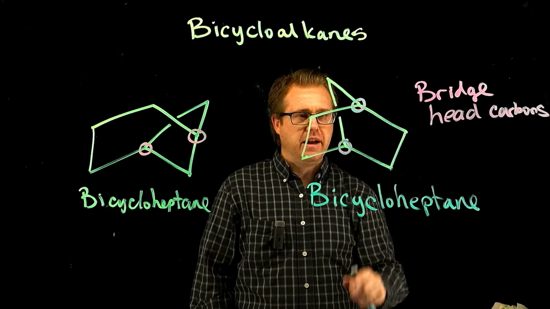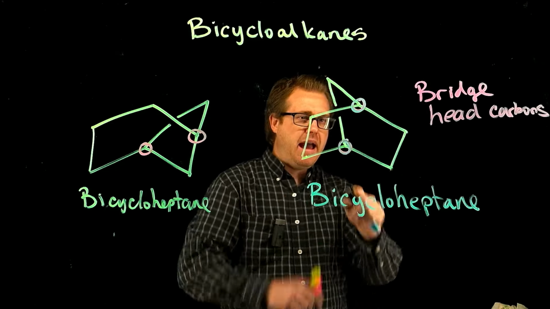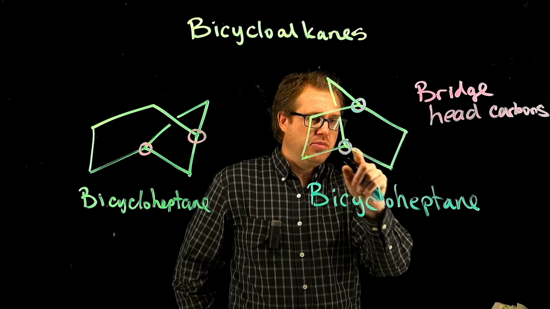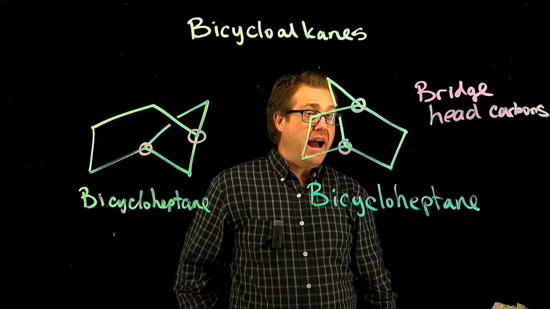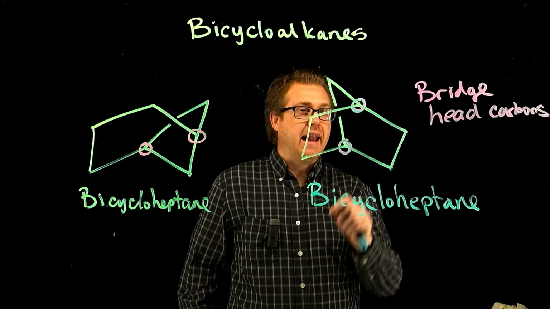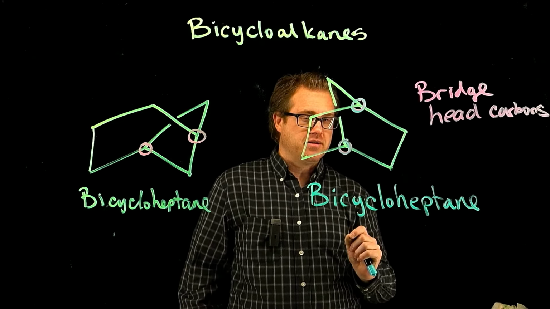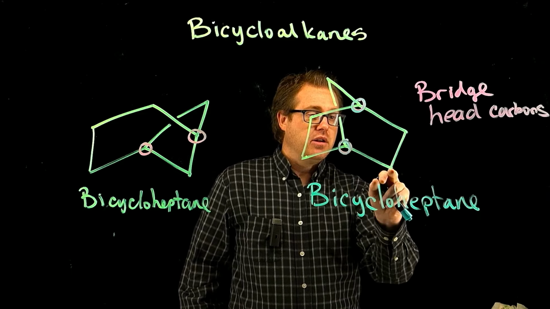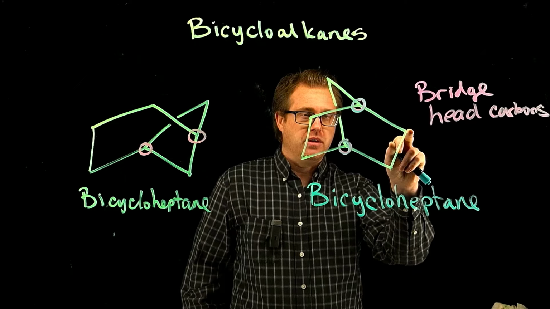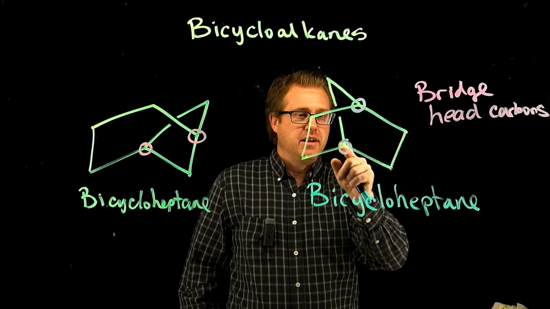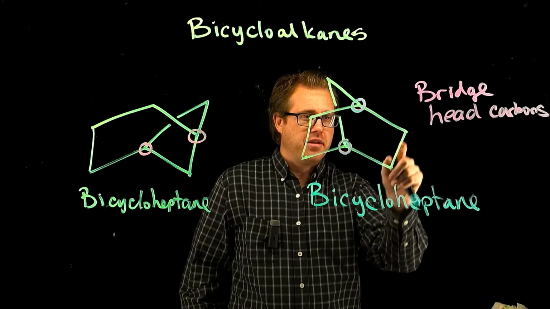Now within that path that's connecting the 2 bridge carbons, we count how many carbons there are in between those 2 bridge carbons. So we count 1, 2. There's 2 carbons in between in this path.